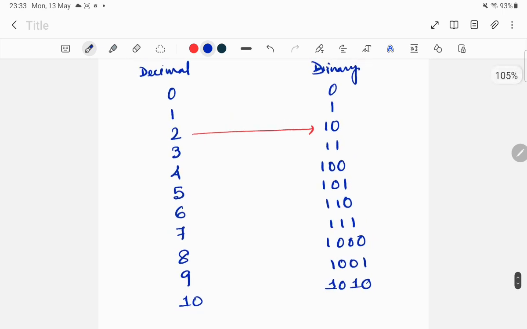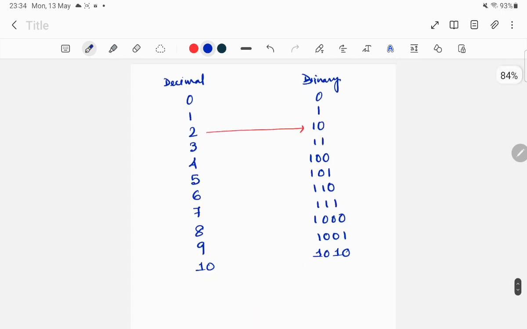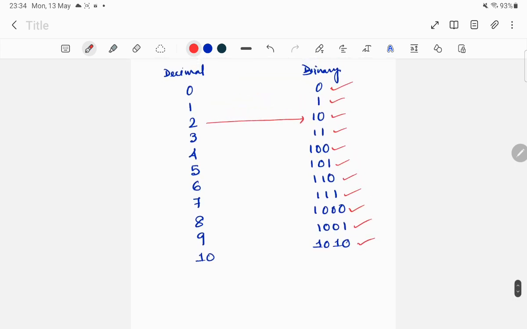So you can see that this is 1 bit, this is 2 bit, 3 bit, and this is 4 bit. That means if you want to represent numbers up to 10 itself, you need 4 bits.